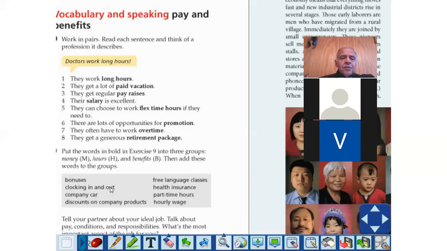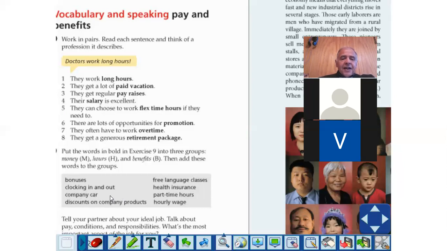Clocking in and out. What do you think it is, Kimberly? Do you get that idea? Can you repeat the question? Clocking in and out. What do you think it is? I think it means when you have to register when you leave and when you go to the job.